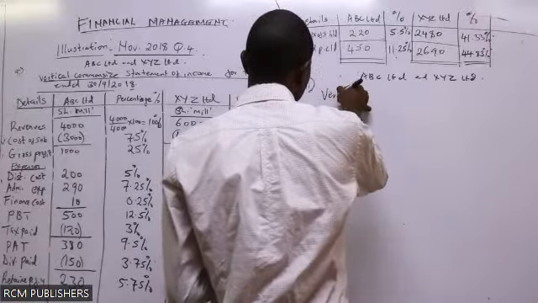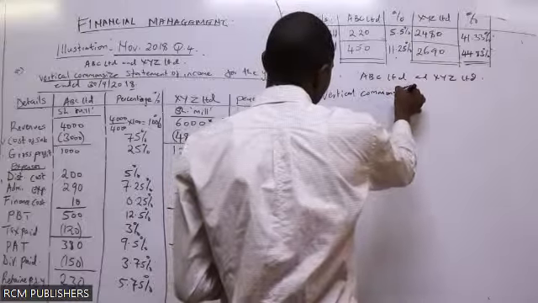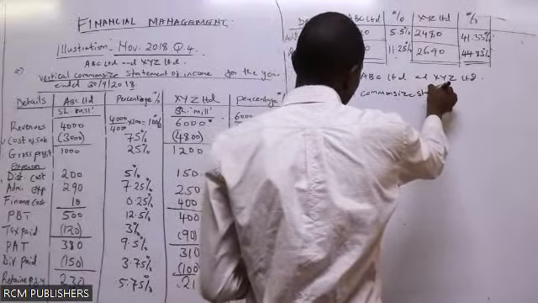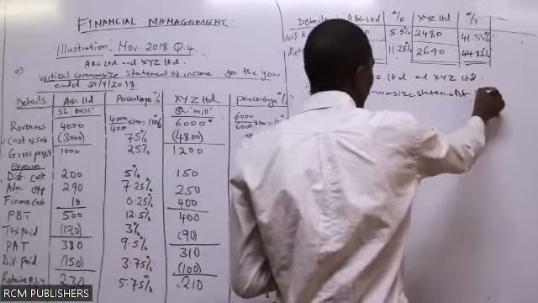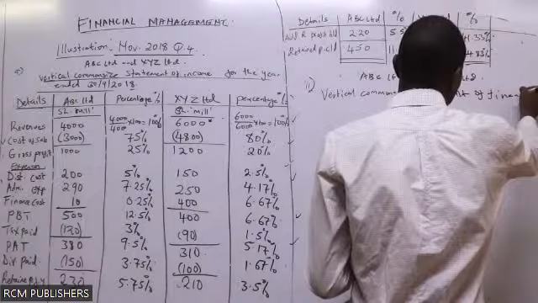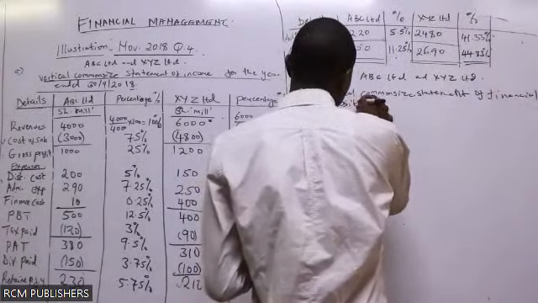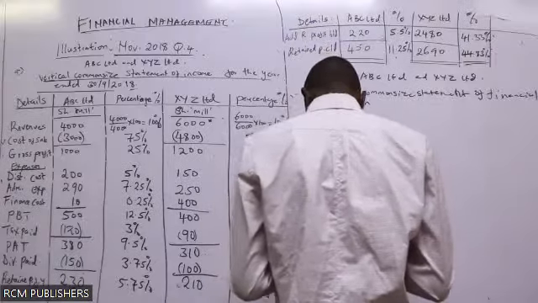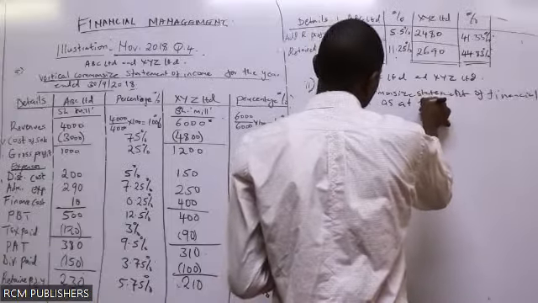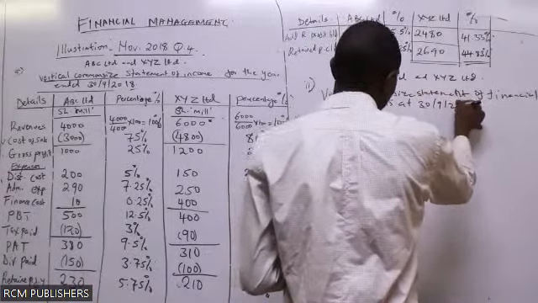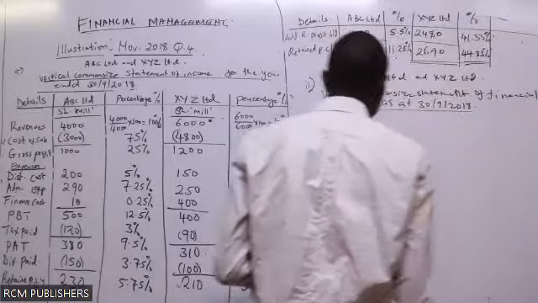Never forget to write the heading: Vertical common size statement of financial position as at 30th September 2018.